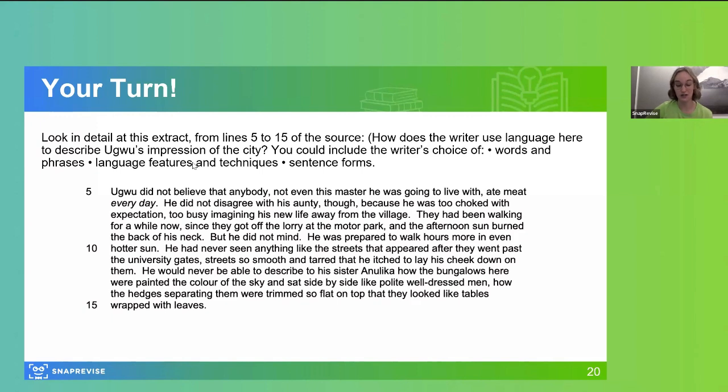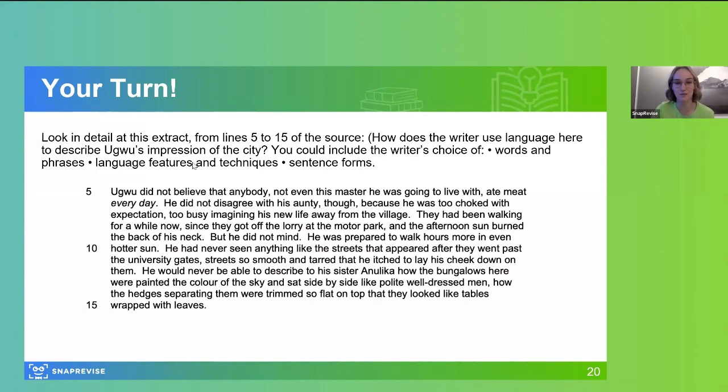So you say something along the lines of, for this case, just as well-dressed men are smart, uniform, and organized, so too does this suggest a cohesion to the bungalows. This demonstrates Ogwu's wonder at the city structure, possibly suggesting it is very different from his own. So again, you can see what this tells you about Ogwu's impression of the city. It analyzes the simile and tells you a bit about that.